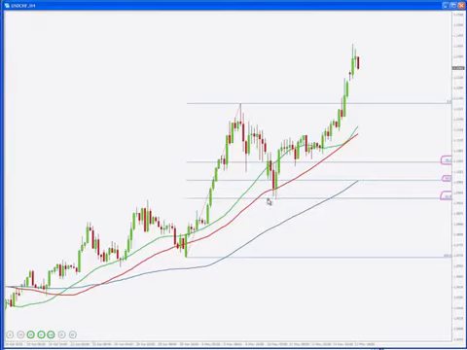This time around, price touches right to the pip the 61% Fibonacci retracement. That's great. Again, I don't quite require perfect bounces of a Fibonacci retracement.